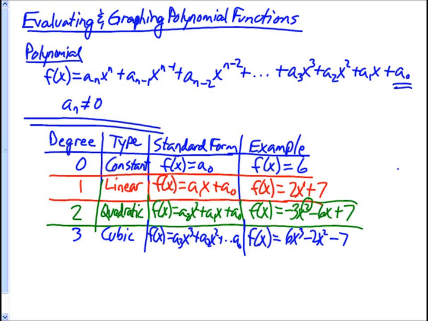That's still a cubic function, even though you're missing that x piece. Or even just f of x equals 6x cubed. That's a cubic function as well. You notice all of these have real coefficients, and the degrees are all whole numbers.